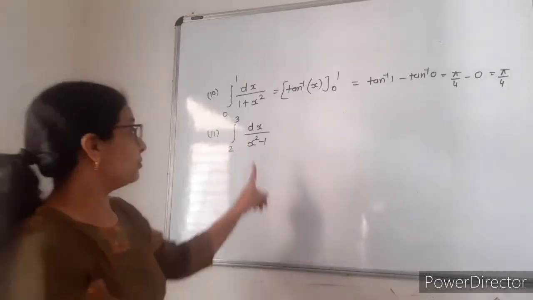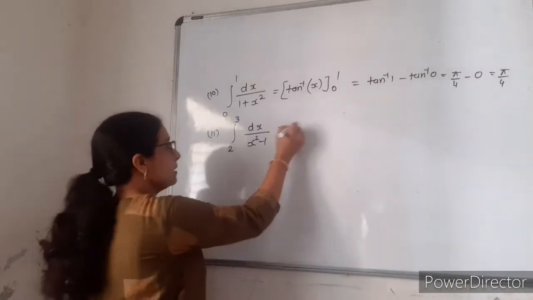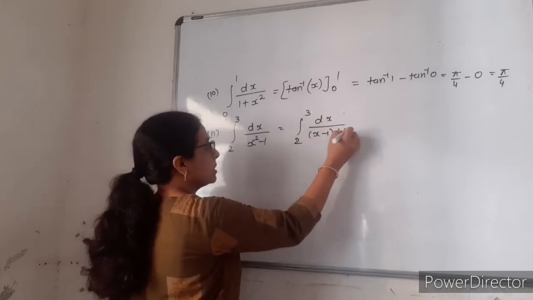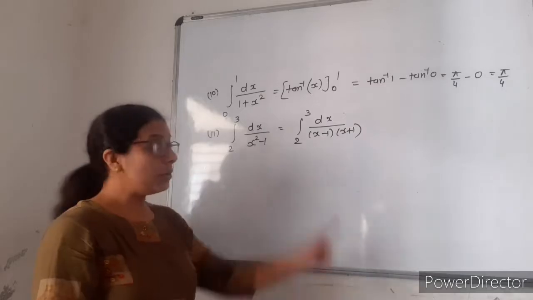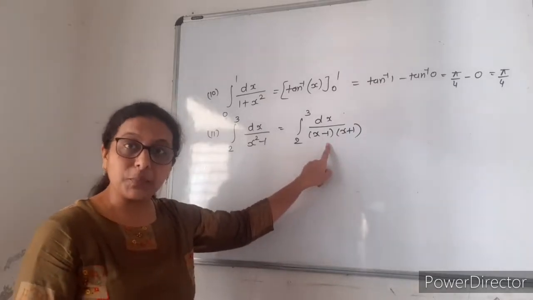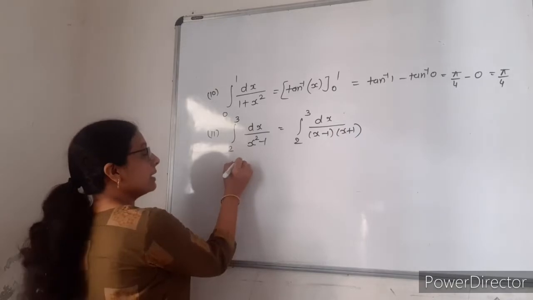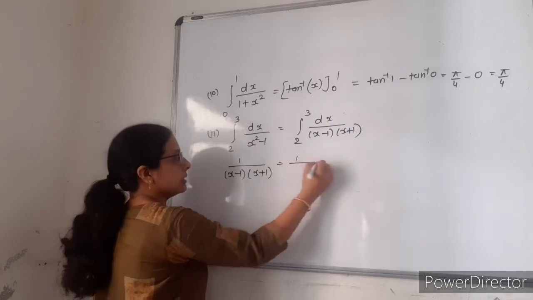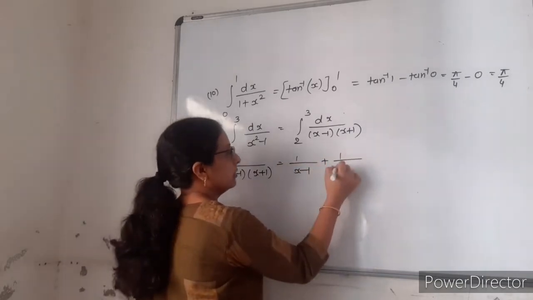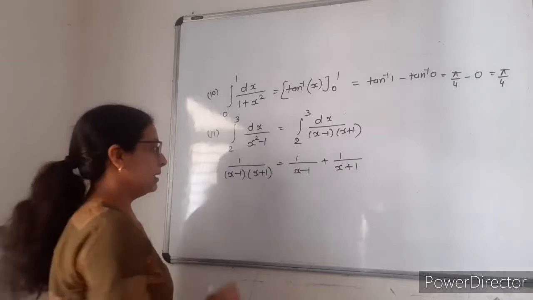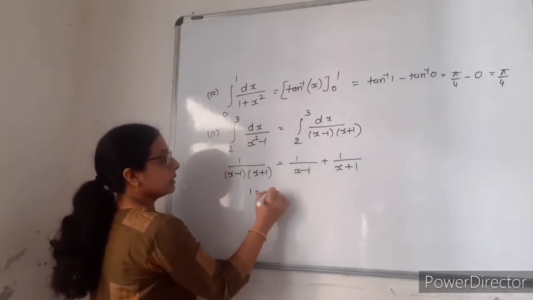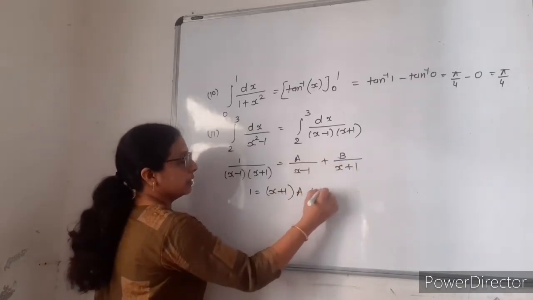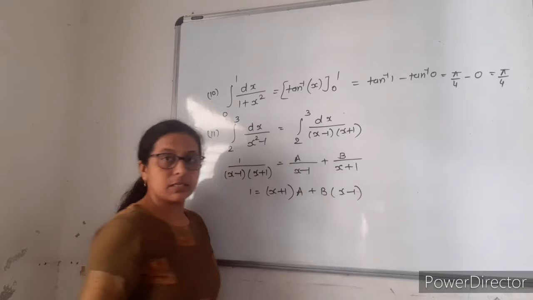Now what to do here? X square minus 1 is, integration 2 to 3 dx, here x minus 1, x plus 1. You know this method now, it is A upon and B upon, right? So here I will write 1 upon x minus 1, x plus 1 is equal to A upon x minus 1 plus B upon x plus 1. So 1 is equal to A times x plus 1 plus B times x minus 1.